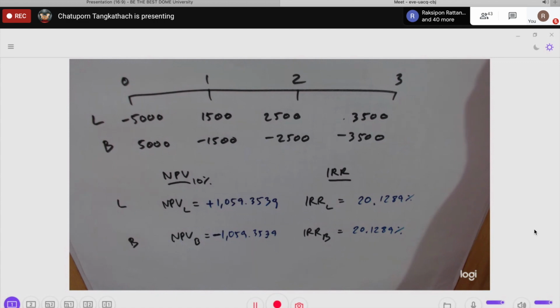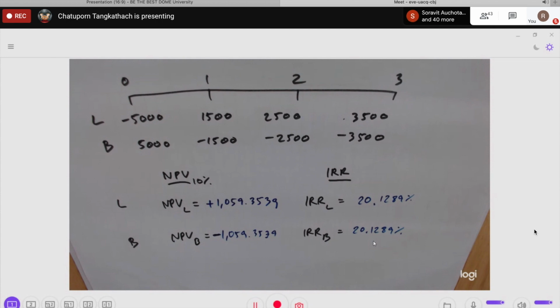After we calculate NPV and IRR, we need to choose which investment criterion we are going to judge the project by.